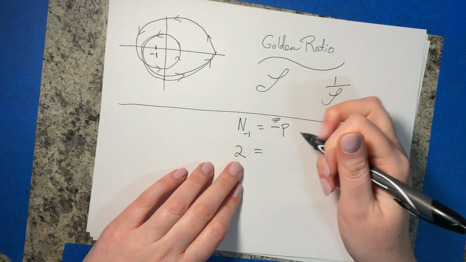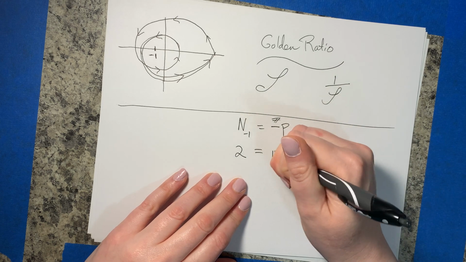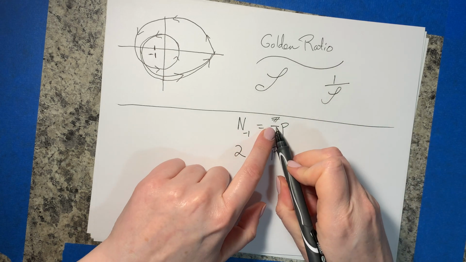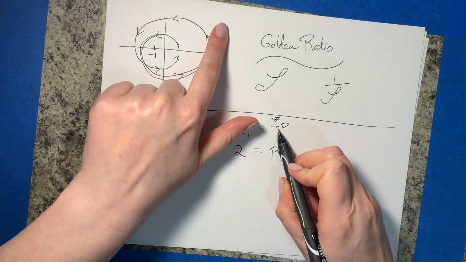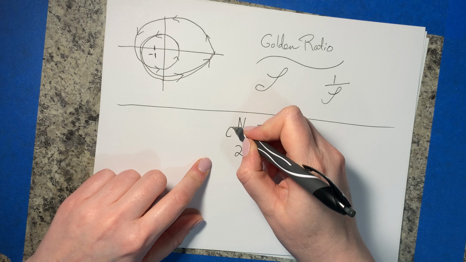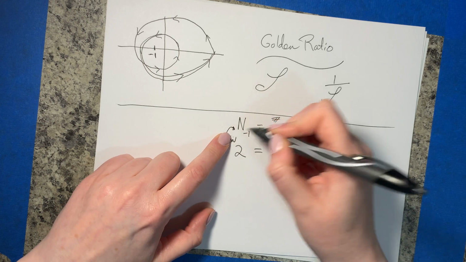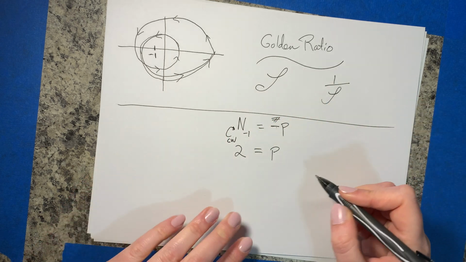So we have 2 equals P, and that negative sign, again, means that we are going in the counterclockwise direction. So we write it as clockwise here and a negative sign right here.